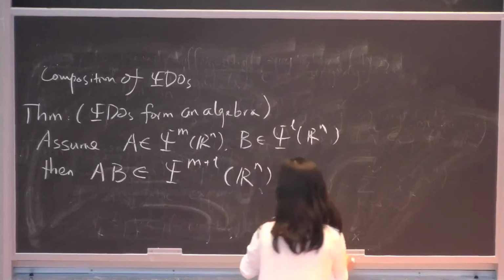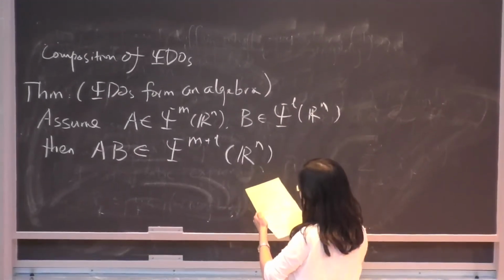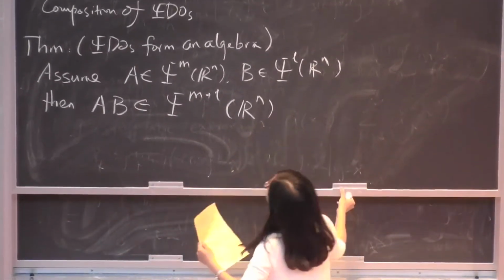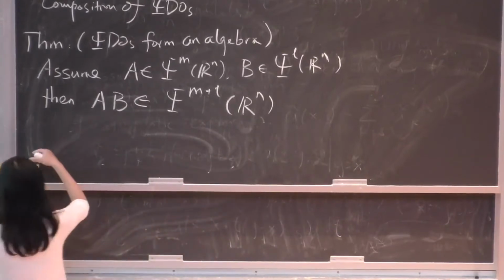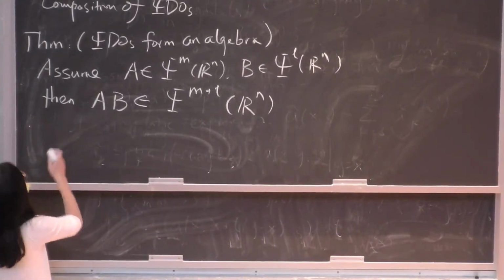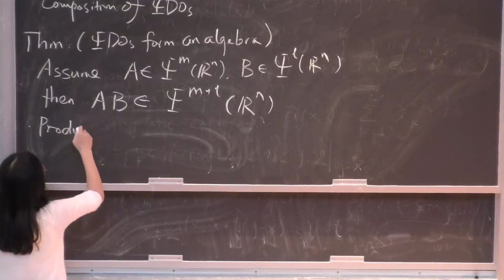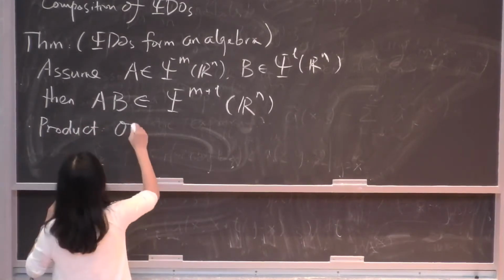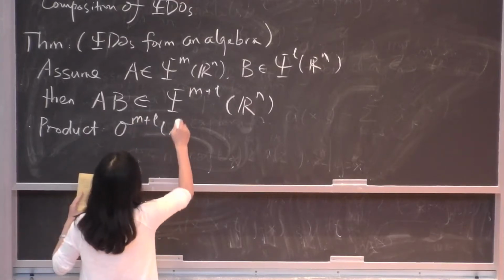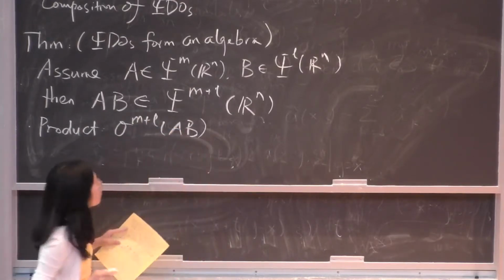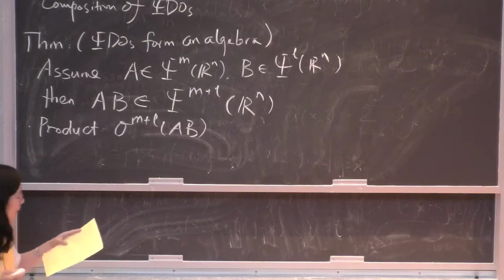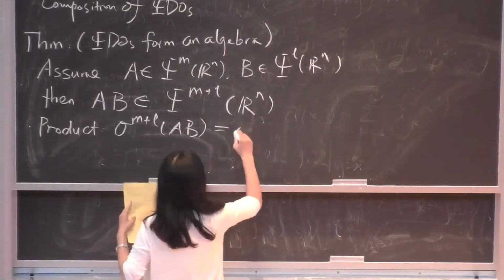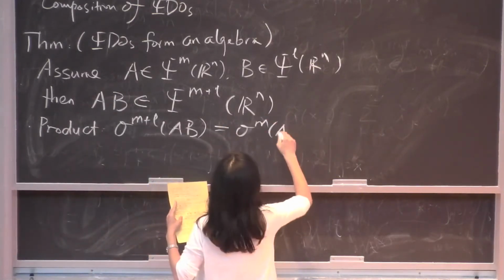And moreover, at the symbol level, the principal symbol has a product. So the first property is that the principal symbol of this composed operator, which I know is of order m plus l, is just given by the product of the two symbols.